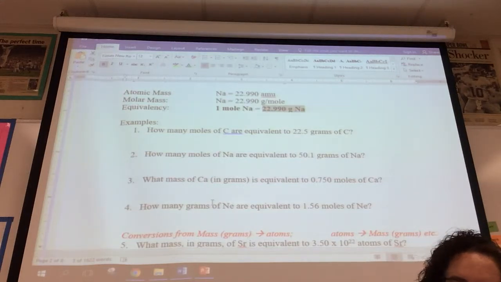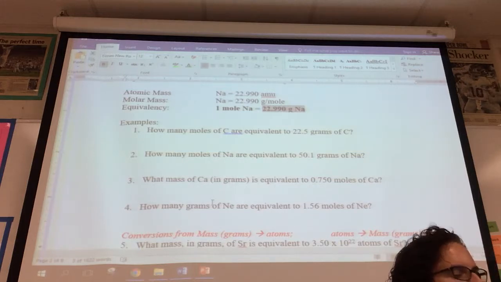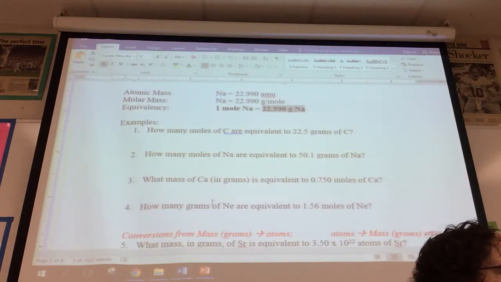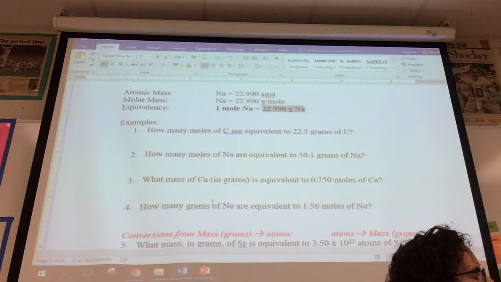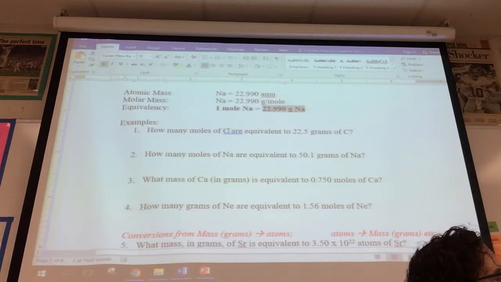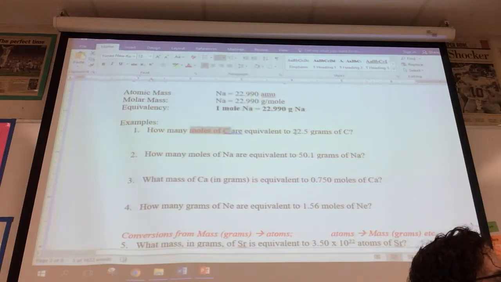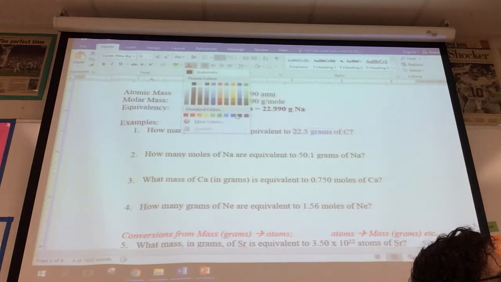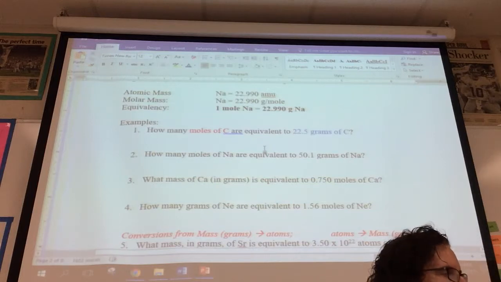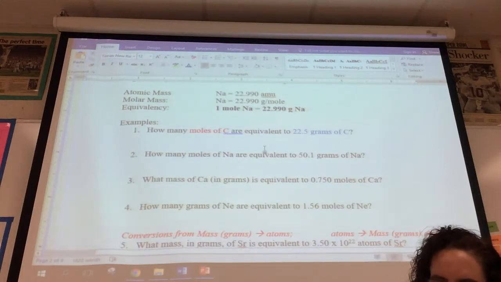So in number 1, it says how many moles of carbon are equivalent to 22.5 grams of carbon. We want to know moles of carbon, and our given is 22.5 grams of carbon.